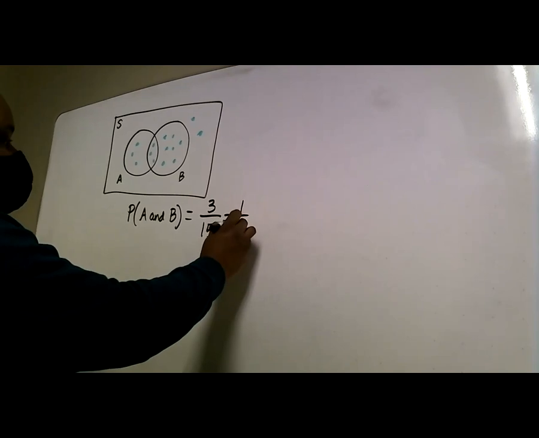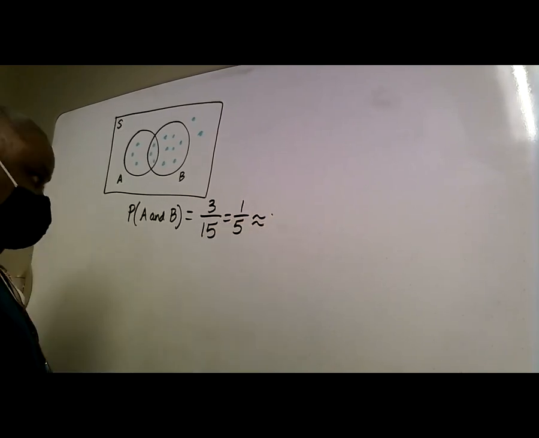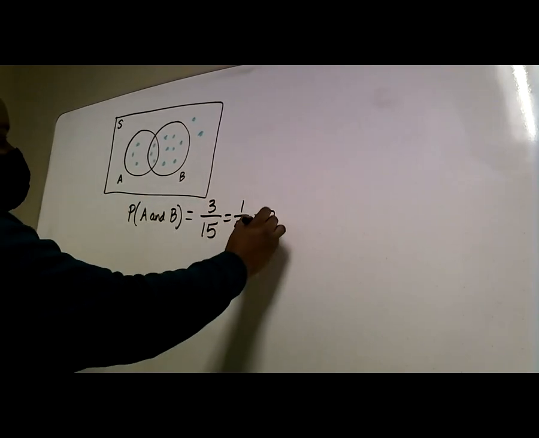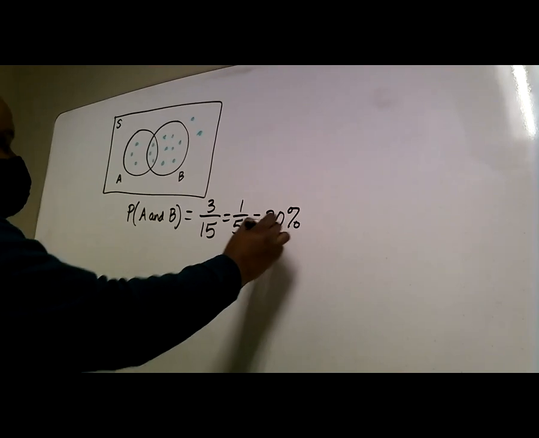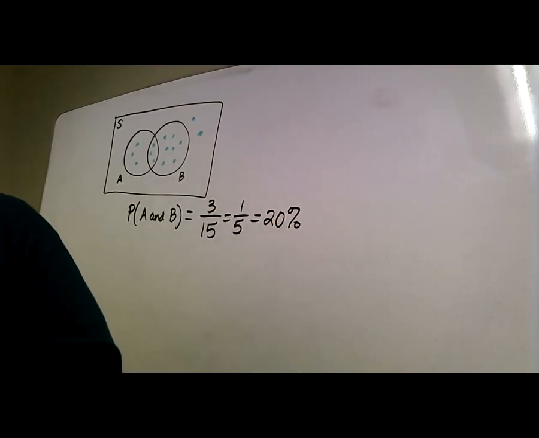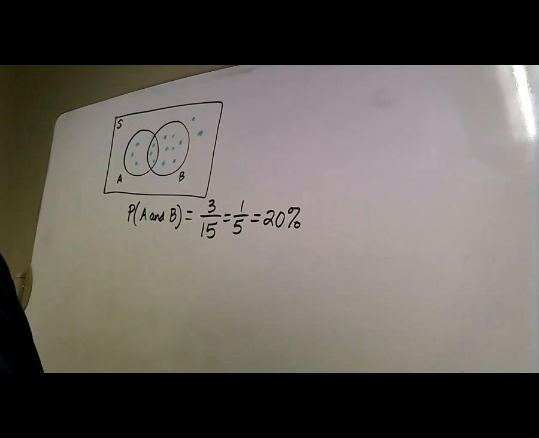If you reduce it, it'll be as a fraction 1/5, or actually, exactly as a percent, 20%. So the probability that event A and B will occur will be 20%. All right. Questions on that particular problem? This is just part C of problem number 5.